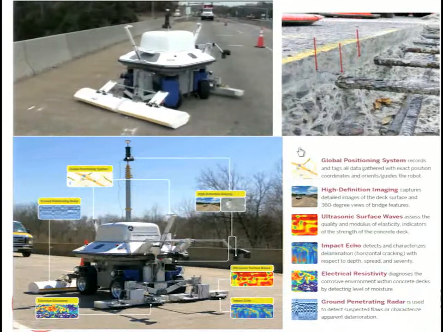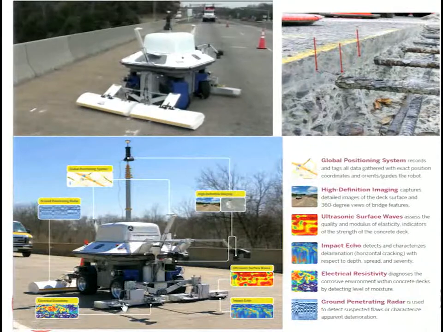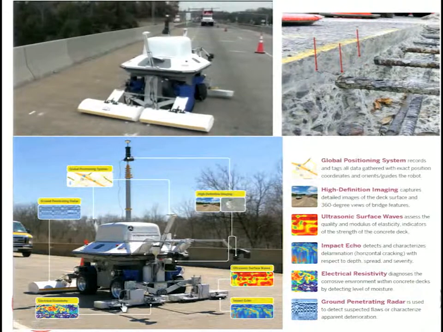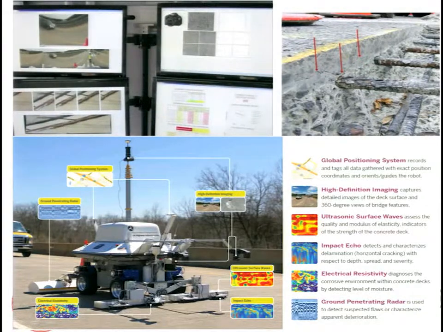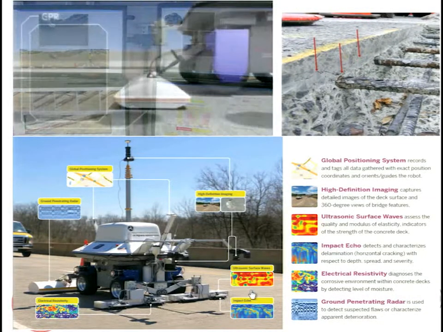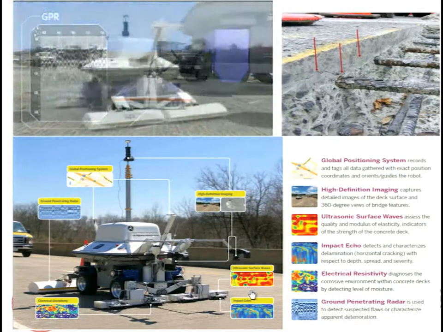It also has an acoustic array to detect hidden cracks inside the deck, and electrical resistivity to detect a corrosive environment. So this robot is like a doctor checking the health of the bridge deck.